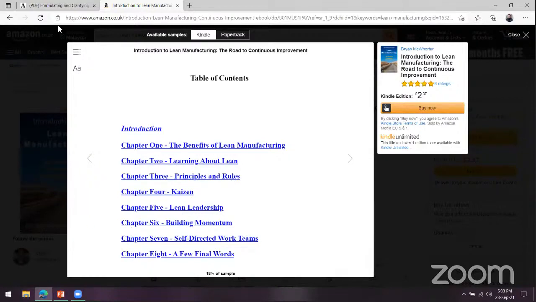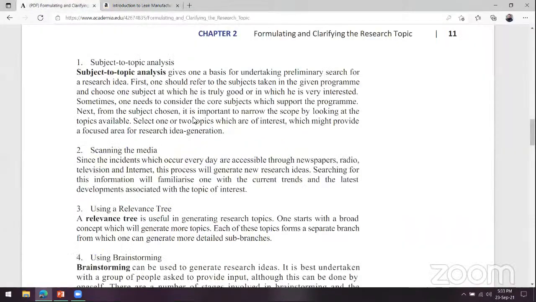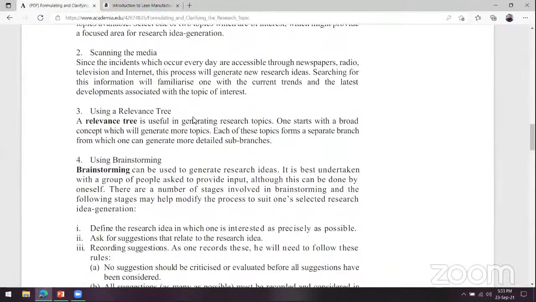Okay, right. Next, what you can do is you scan the media. Scanning media is one of the ways that we can get a lot of information, right? So let's say you read the newspapers, you watch the news, you look at the social media platforms. Some of these media's information might give you some inspiration or some highlights.